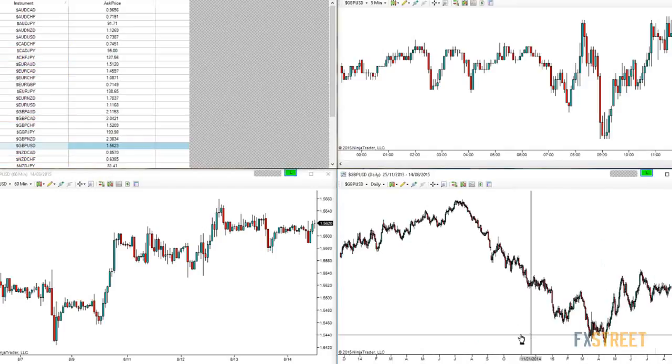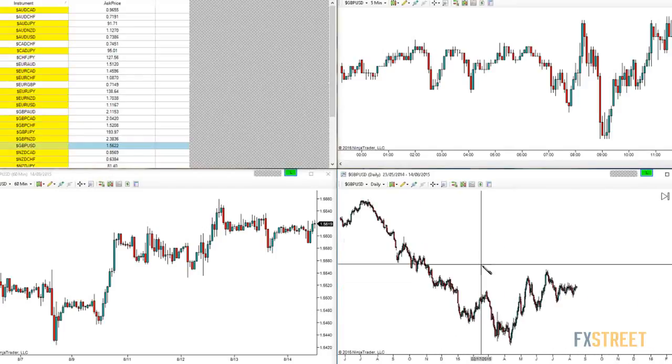So for those of you that are trading the pound dollar, let's see if we agree on levels.